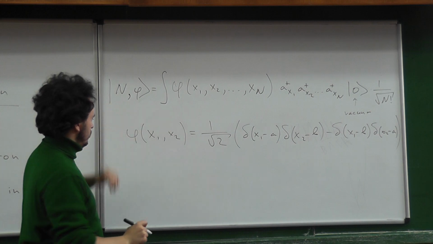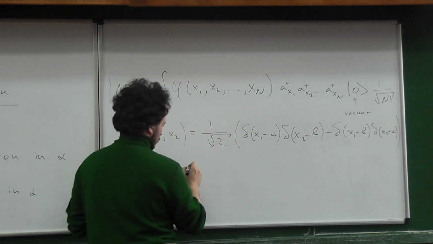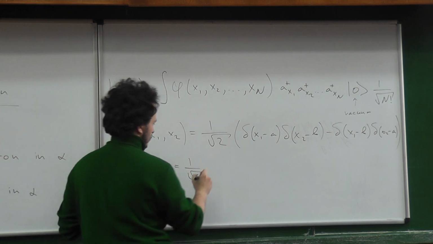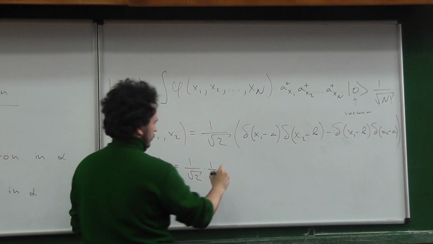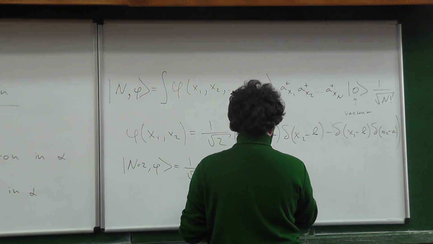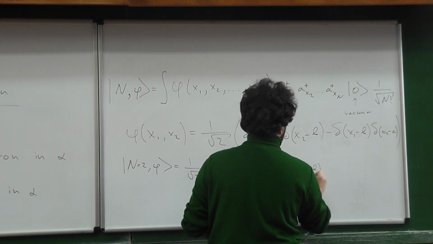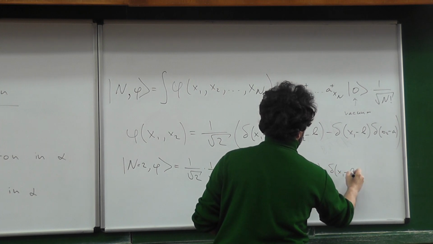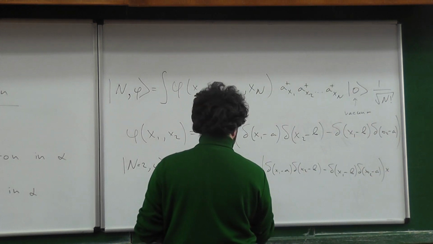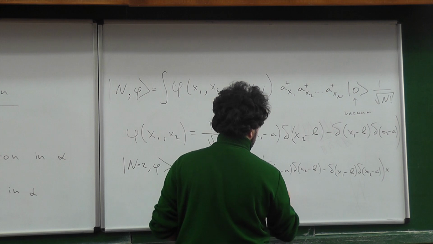Then by this definition, it's going to be 1 over square root of 2 times the integral dx1 dx2 of delta of x1 minus a delta of x2 minus b minus delta of x1 minus b delta of x2 minus a, times a dagger x1, a dagger x2, times the vacuum.